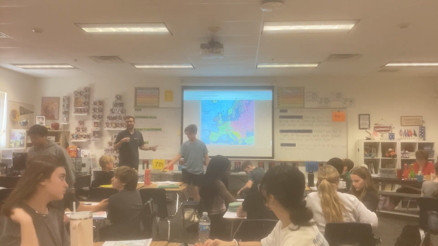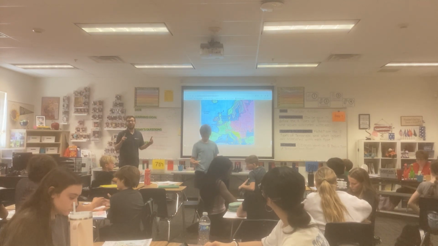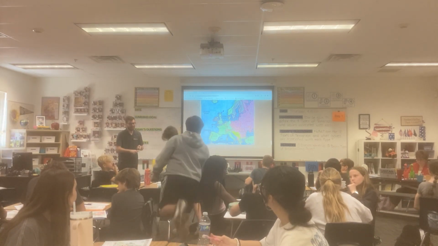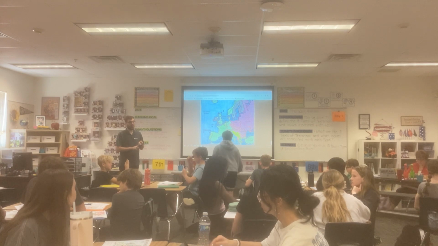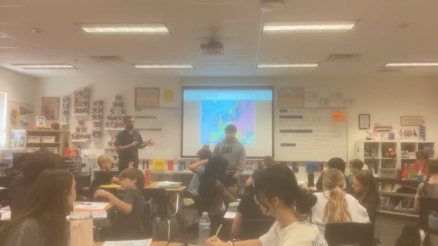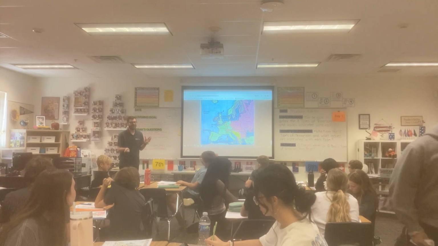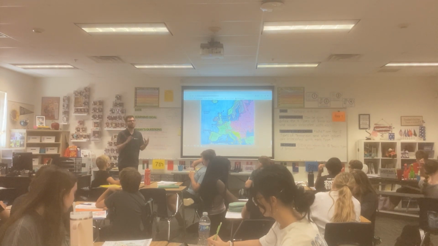Real quick, one last thing, guys. Those key details, things like dates, vocabulary, communism, East Germany, why it formed, causes, things like that. That's what you should be highlighting. Don't highlight the whole page, please.